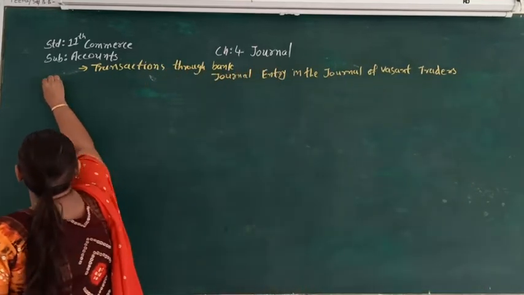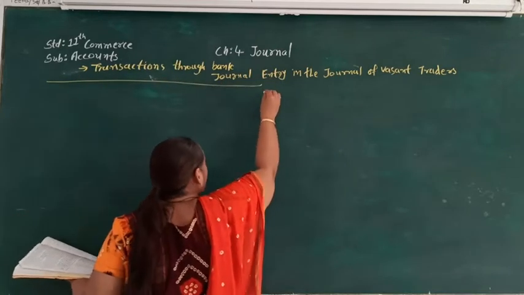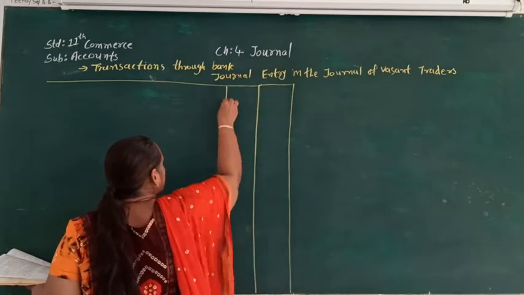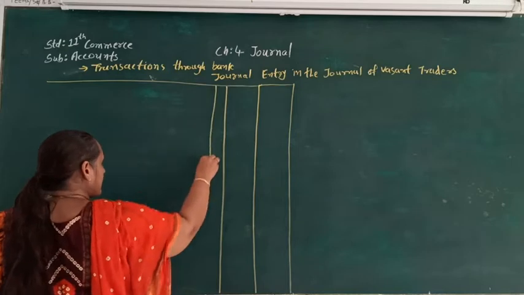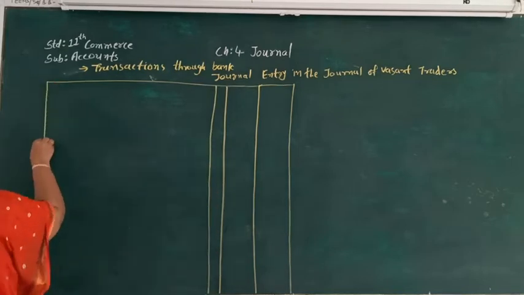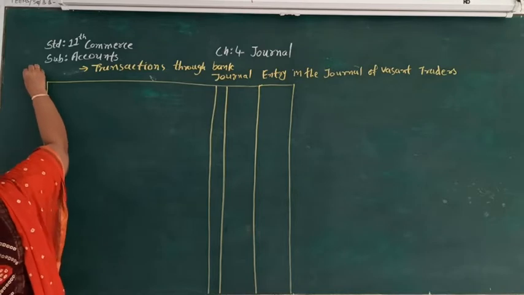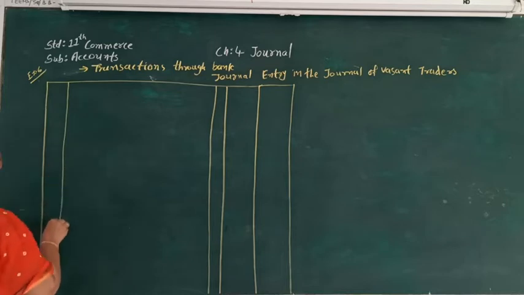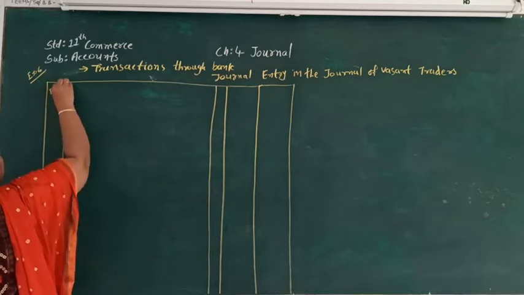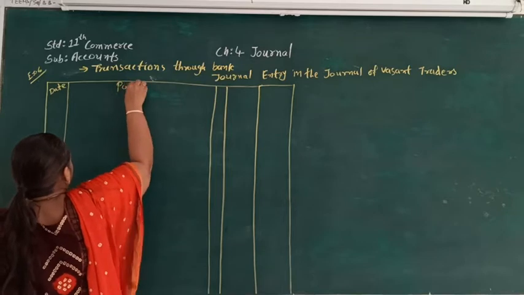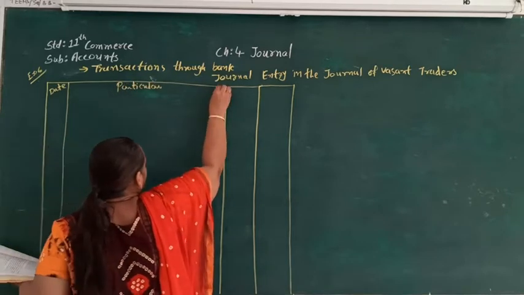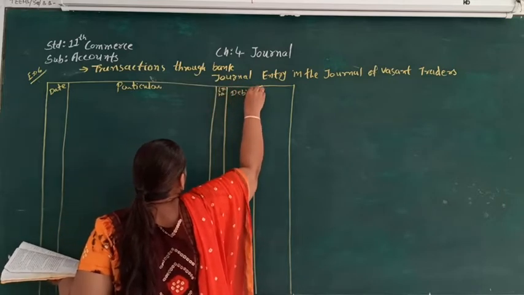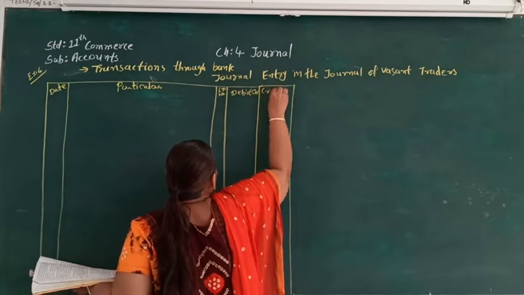As we know how to write a journal entry, there is a structure of the journal entry that we know nicely. This is our structure for the journal entry, and here we are solving example number 6. Here: date, particulars, ledger folio number, debit rupees, credit rupees.